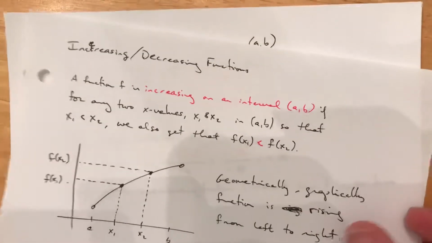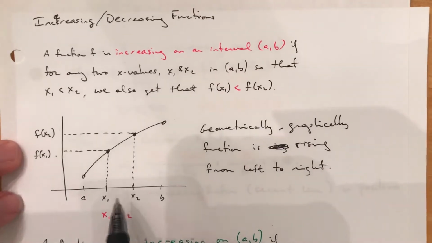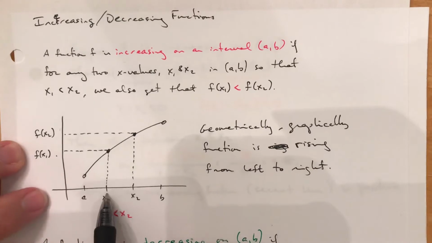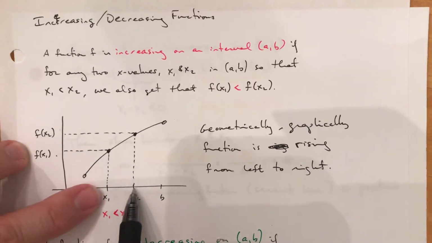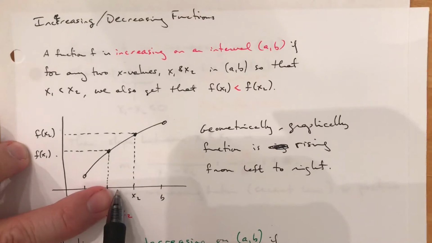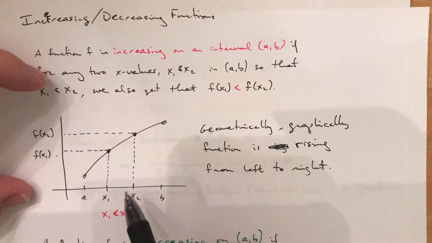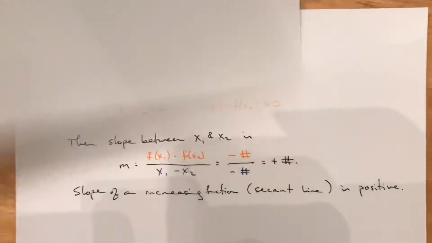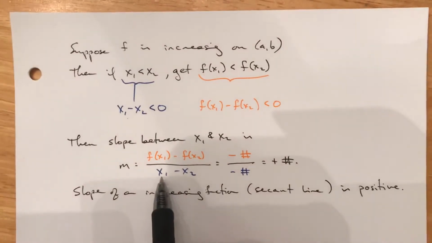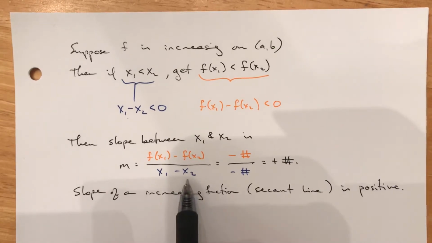Since our definition of increasing says that for any x1 or x2, no matter how far apart they are, no matter if one point is very close to the other, this inequality is going to hold, we could maybe take a limit, say as x1 gets close to x2.